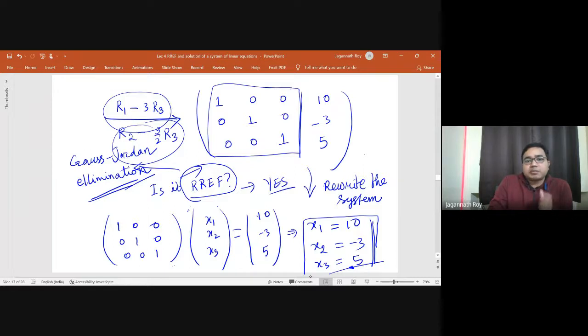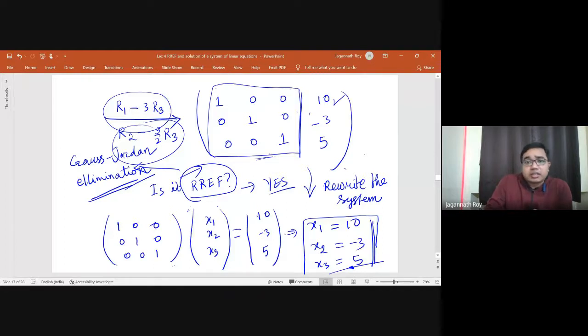If you have a 3 by 3 system or n by n system. But if you have a different number of variables, m and n are different, then you may not get the identity matrix, but you will get a simplified matrix. This is the most simple matrix. From here you can read the solution directly from the equation.